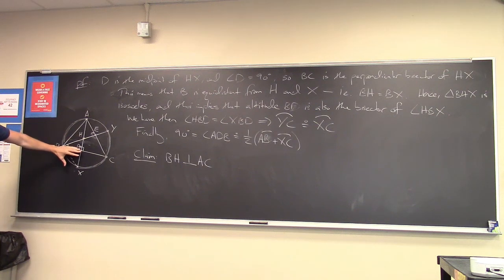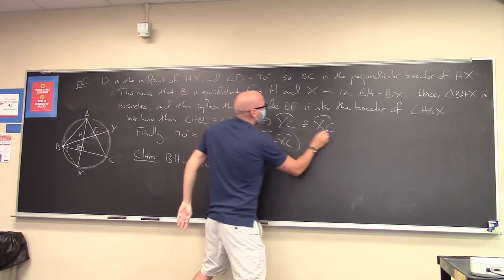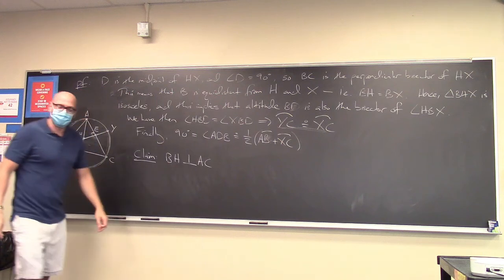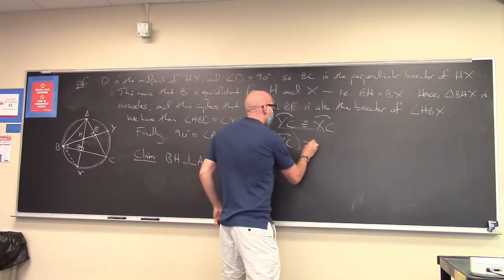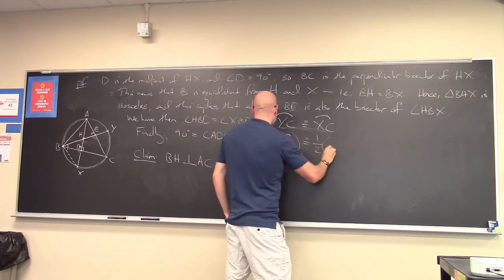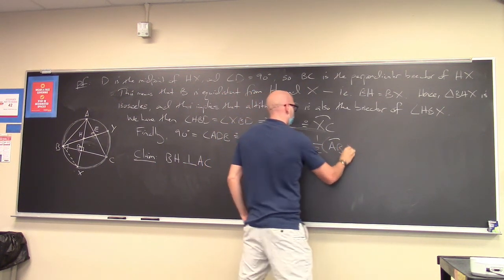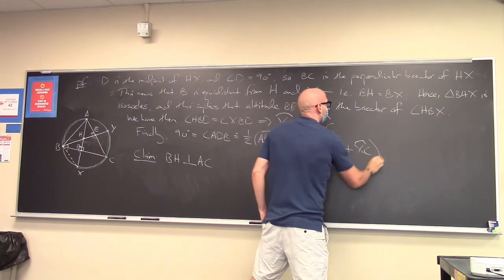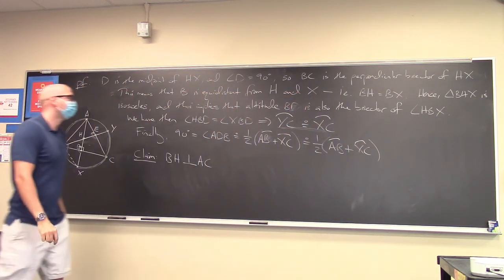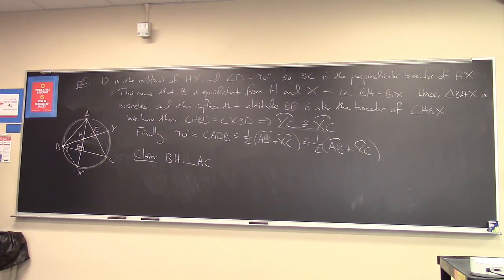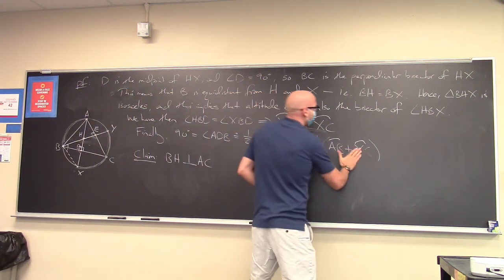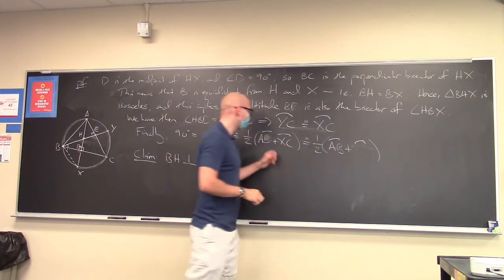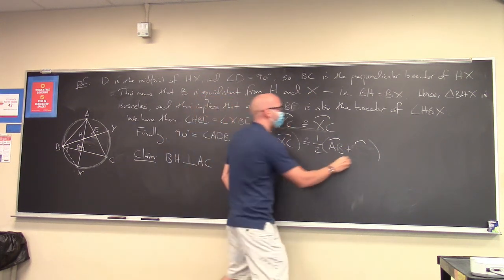But we went through all this work to show that YC and CX or XC are actually the same in measure, so all I'm going to do is make a substitution. This is, of course, the same as 1/2 of AB plus XC. No, that's not an interesting observation, just writing the two things are equal. XC is YC.